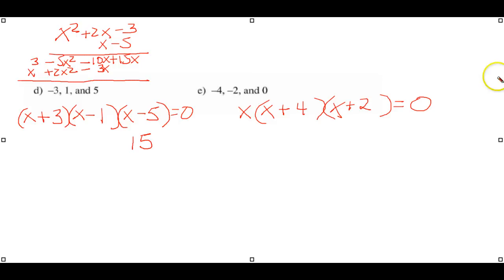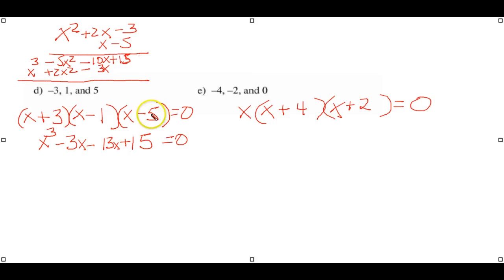I don't know why I put that there. Guess I got carried away on that one here. So 15, that's going to be a plus, minus 13x, minus 3x, and x cubed, and that equals 0.